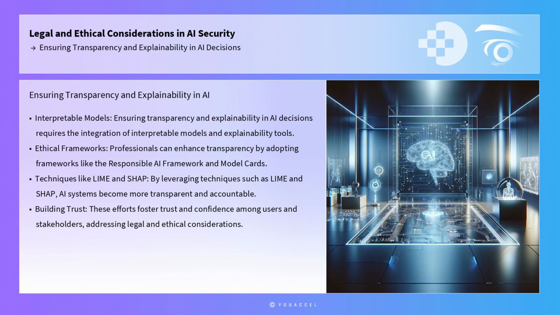These efforts not only address legal and ethical considerations, but also foster trust and confidence among users and stakeholders. As AI continues to evolve, it is imperative for organizations to prioritize transparency and explainability, thereby ensuring that AI systems are not only powerful, but also responsible and trustworthy.